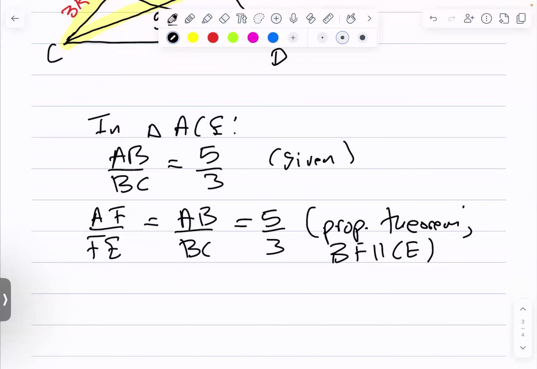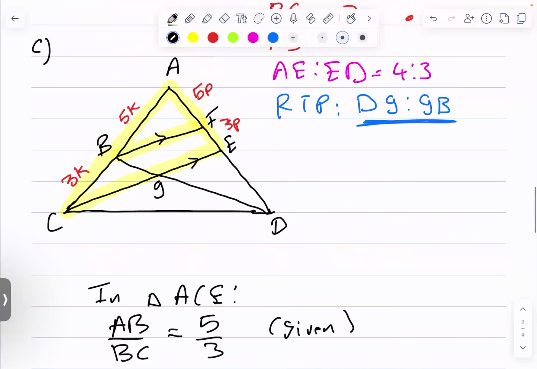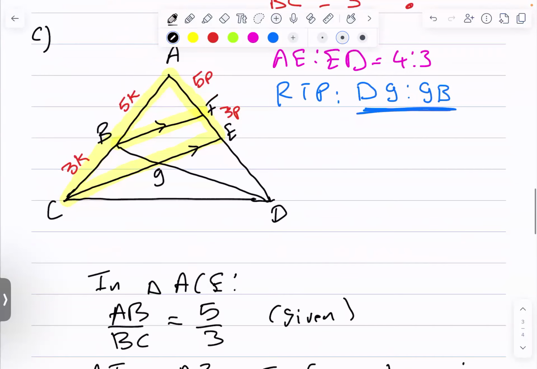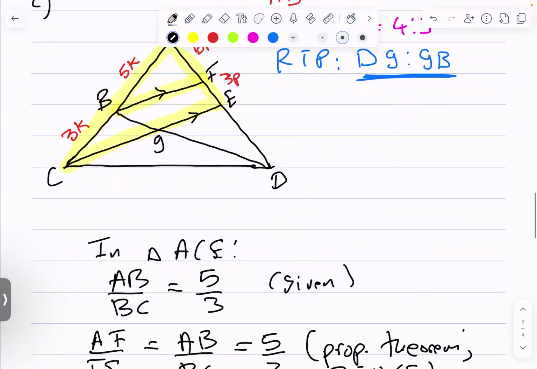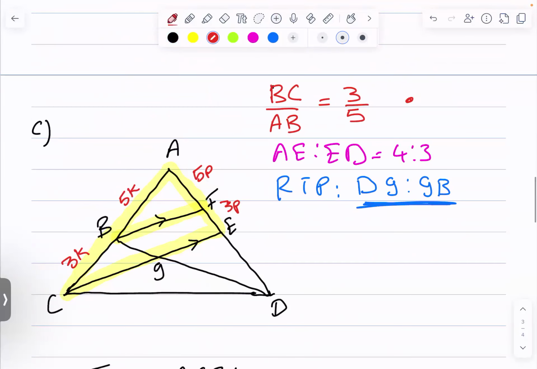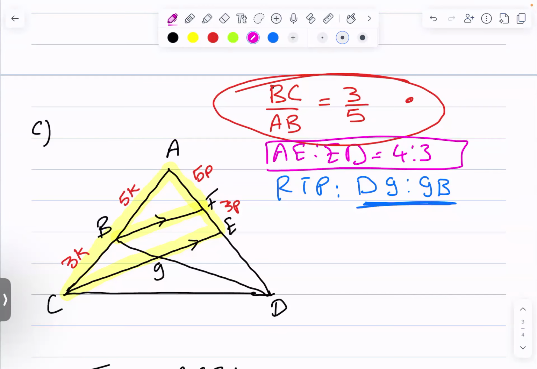Are you okay? Yes. All right. So notice now I have exhausted this one. I cannot exhaust it any further. We are in agreement again.